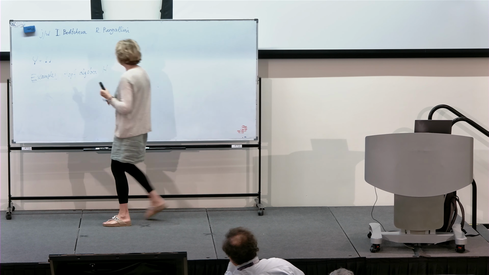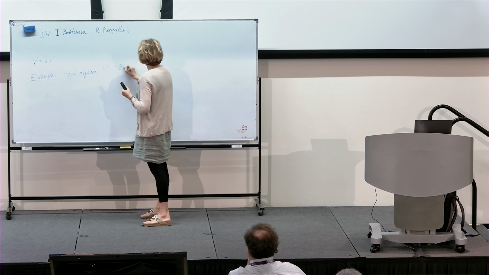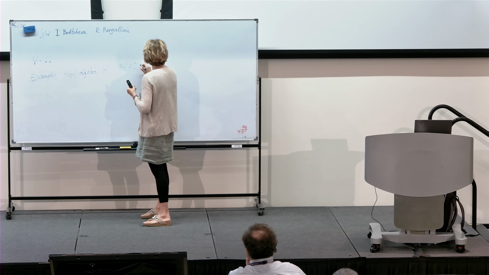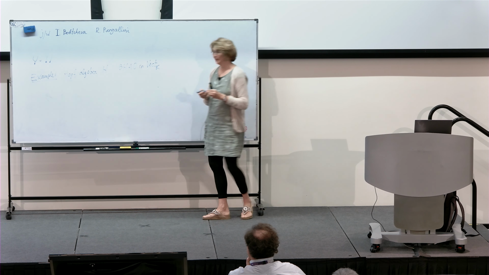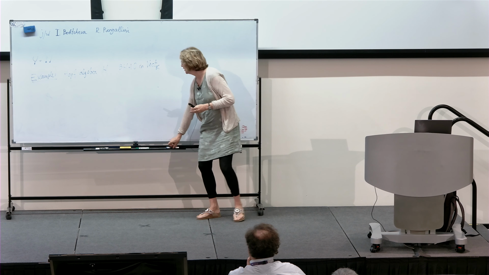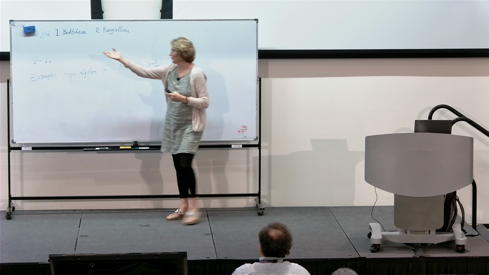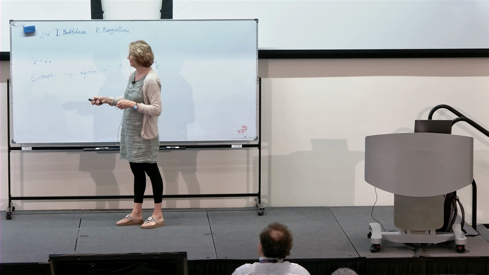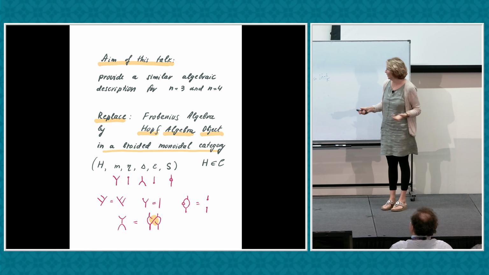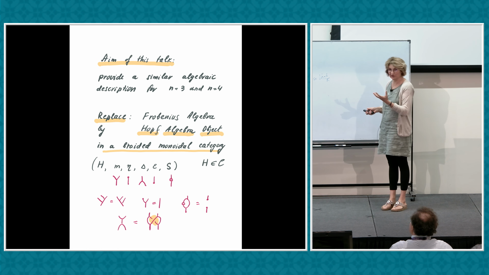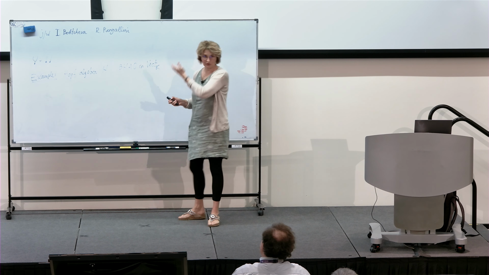A Hopf algebra H is a braided Hopf algebra object in Vect. This is how it is defined, because on Vect you have a braiding which is given by the permutation, and if you just insert this permutation as the braiding, you immediately get the definition. A Hopf algebra is a vector space, so it's an object in Vect, and this is a braided Hopf algebra object by definition.